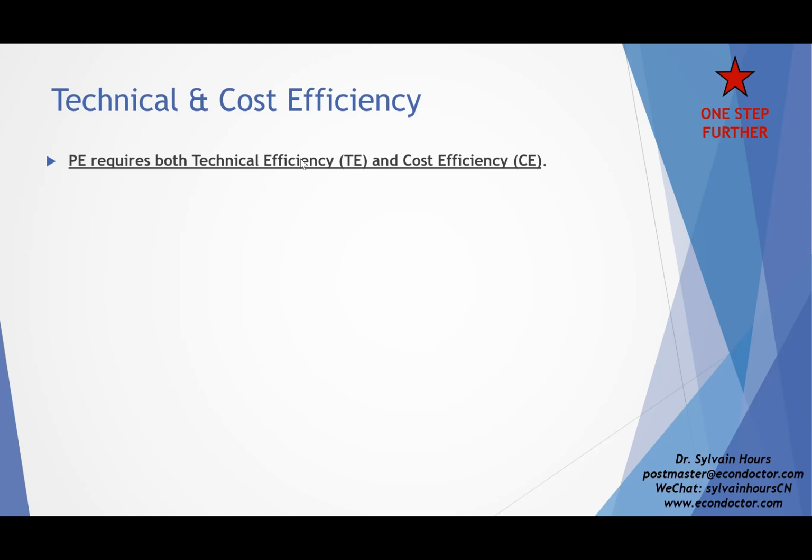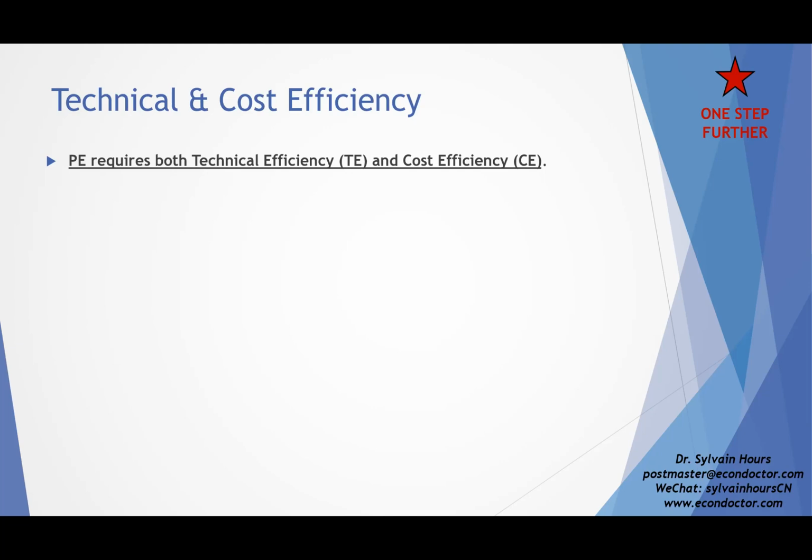in the A2 syllabus. Actually, we do talk about technical efficiency when we study the monopoly, because we talk about X inefficiencies, and X inefficiency is an example of technical inefficiency. Okay, and we do talk about cost efficiency when we study production in the long run.